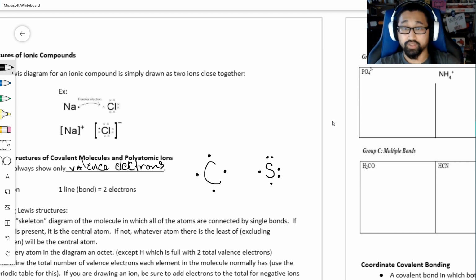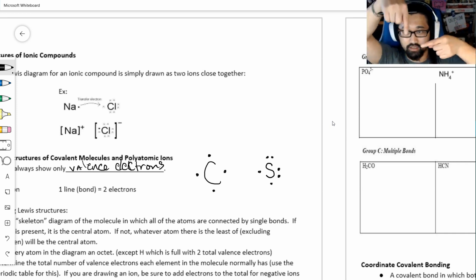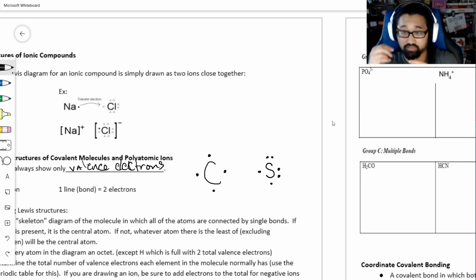It has to do with how things bond with each other. Things will bond like this, or like this, or like this. We have these bonding sites, basically. But Lewis structures are literally just: draw the symbol of the element, draw an appropriate number of dots representing the electrons in the valence shell.